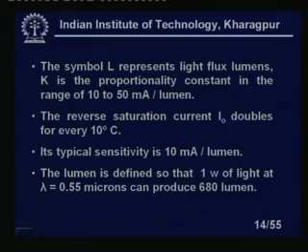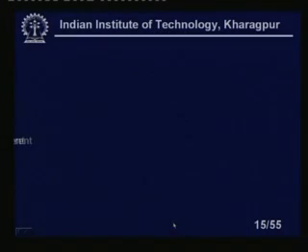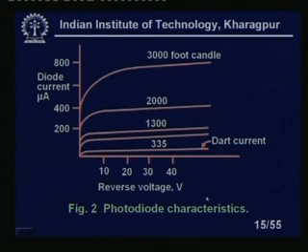The lumen is defined as follows: 1 watt of light at lambda equal to 0.55 micron can produce 680 lumens. This is the standard for lumens. Okay. Now, you see, this is the photodiode characteristics we have drawn here.